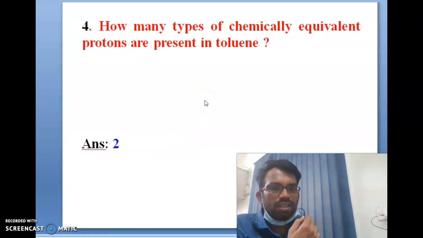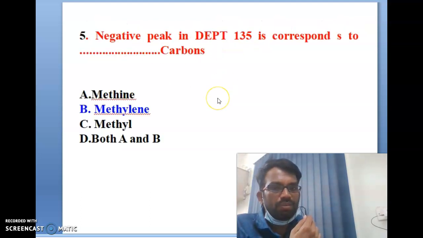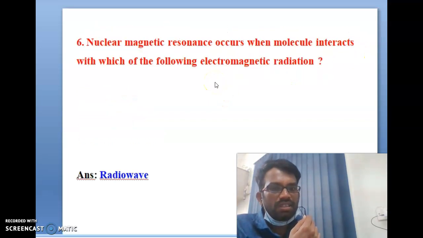How many types of chemically equivalent protons are present in toluene? Two. Fifth: the negative peak in DEPT-135 corresponds to a methylene carbon, which is the correct answer. Nuclear magnetic resonance occurs when molecules interact with which electromagnetic radiation? Radio frequency.